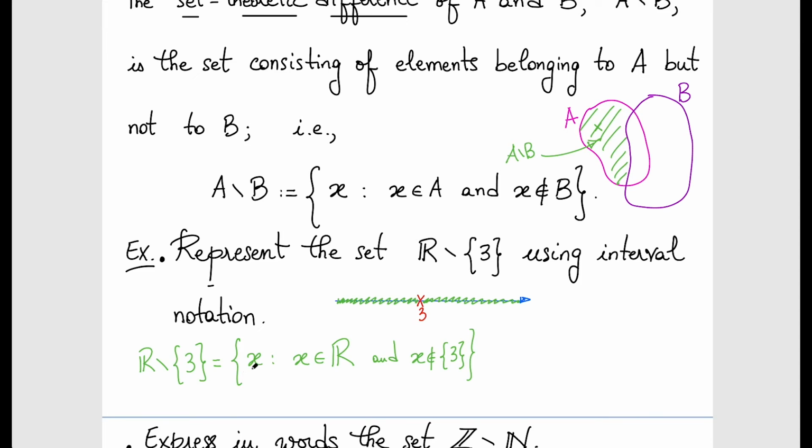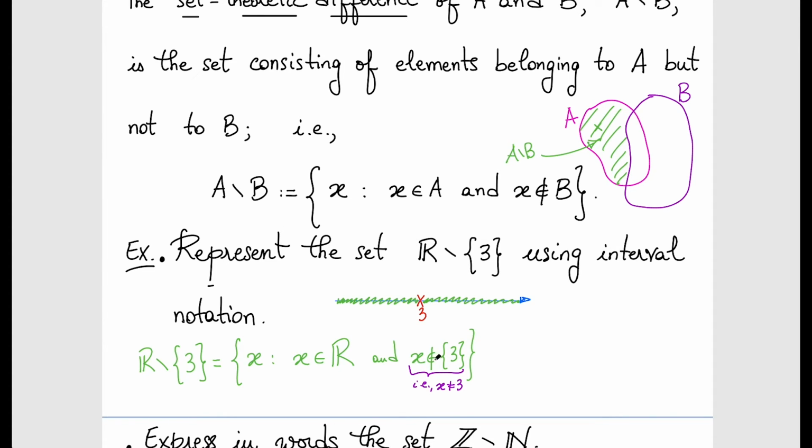Okay? Again, let's read this. This means the collection of all numbers that are not here. What does it mean that x is not in the singleton 3? This means x is not 3, right? This means x is not 3. That's what it means.